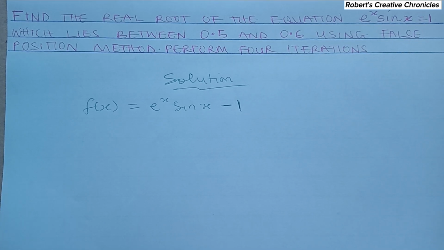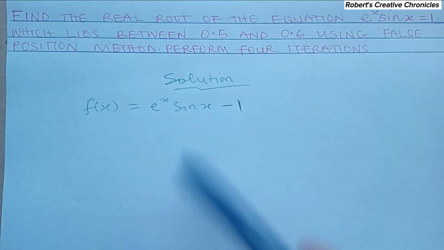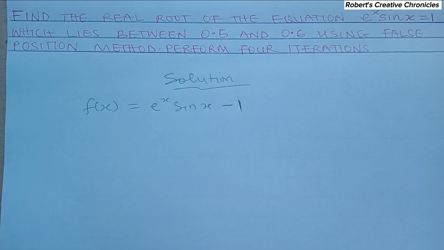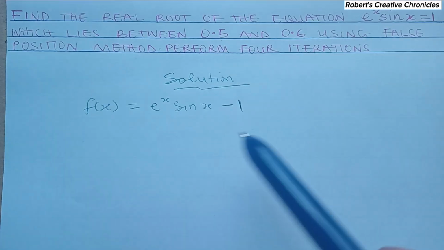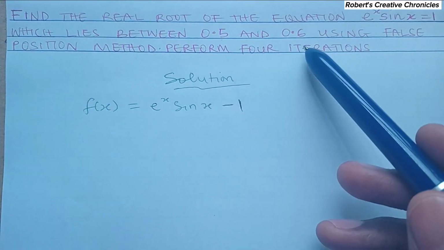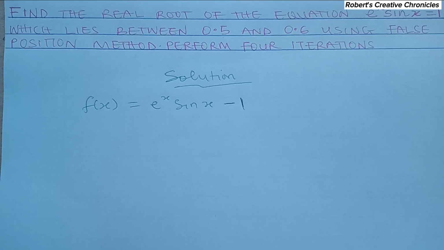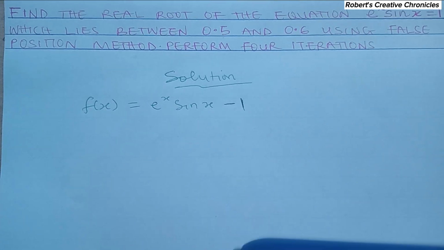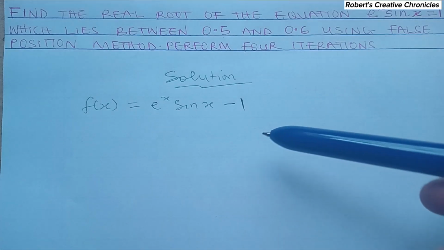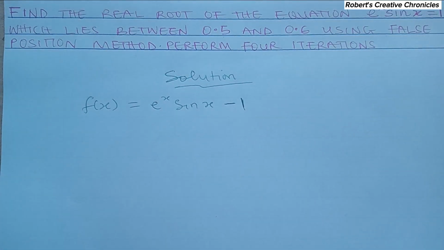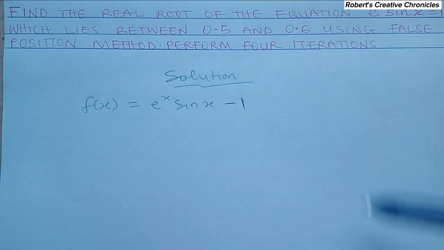So now this method uses two initial approximations to the root. These are the two, 0.5 and 0.6, like in the secant method. You can use either one as your x0 or x1. You still get the same final answer for the approximate root of this equation, but your workings, from the beginning till before you find the final answer, will be different from the person that uses the reverse.